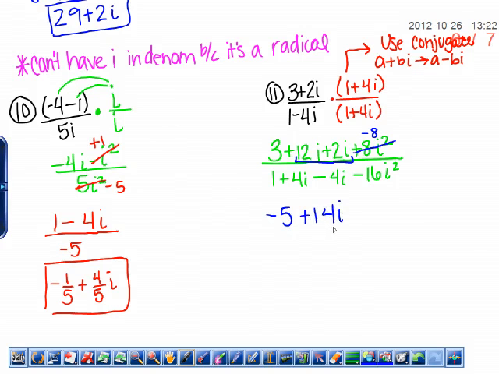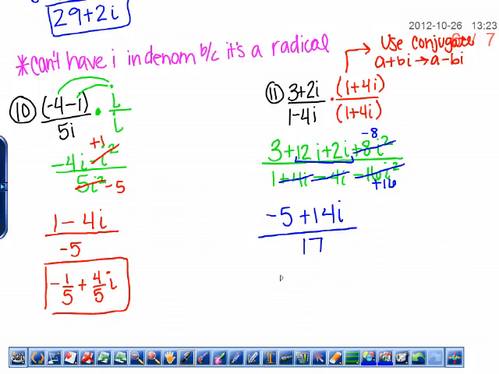Everyone okay with the numerator? Okay, let's look at the denominator. Plus 4I and minus 4I cancel. Minus 16I squared becomes plus 16. So 1 plus 16, 17.